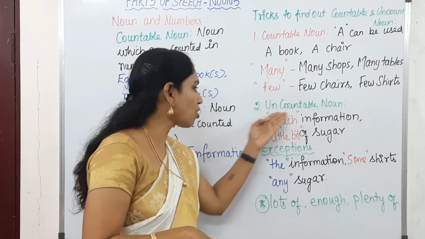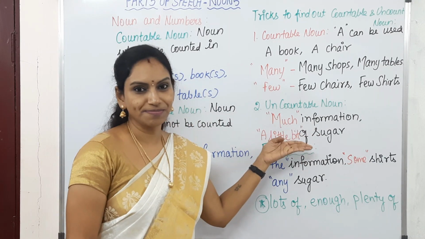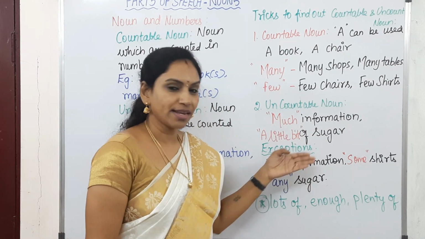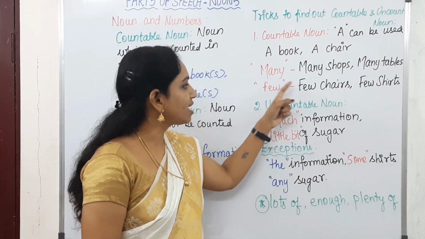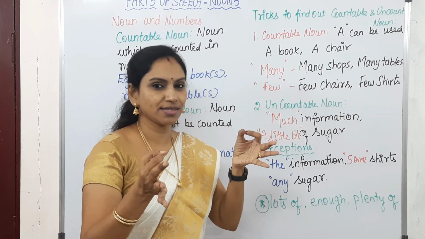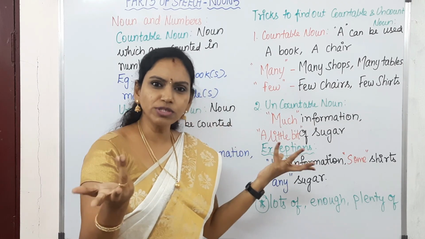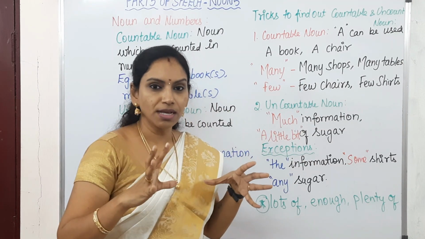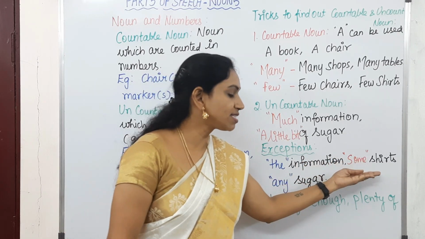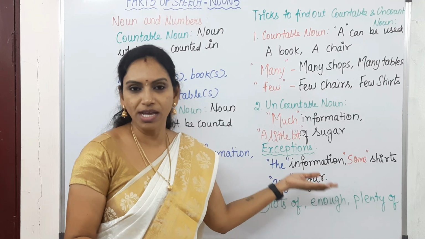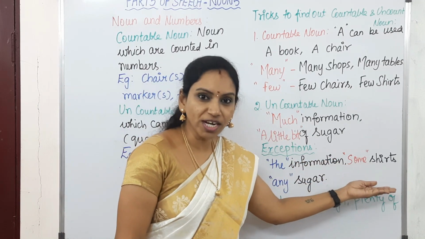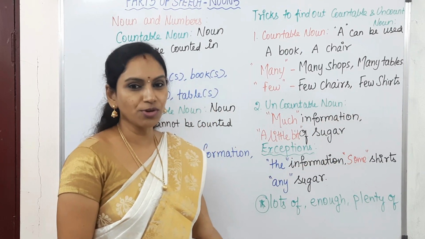Then shirts. Shirts is plural. What did I say here? Few shirts. No need to use few. Few is countable. So instead, if some shirts are there, it also means shirts are countable only. You can use some shirts, which is also a countable noun.